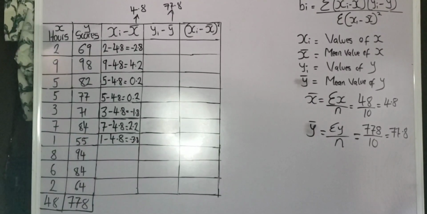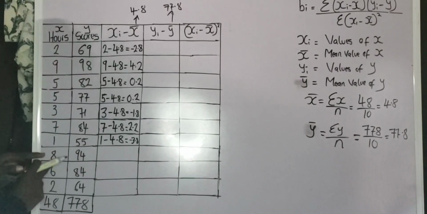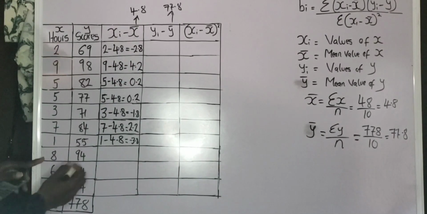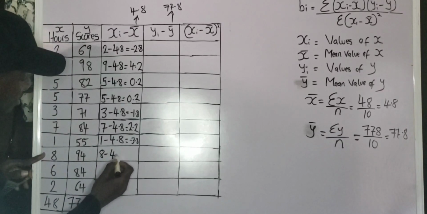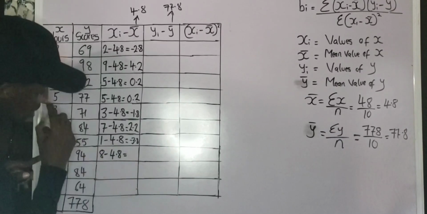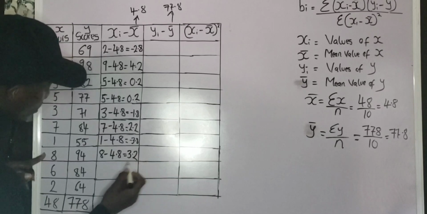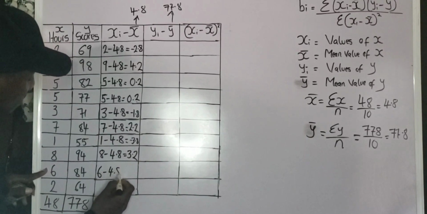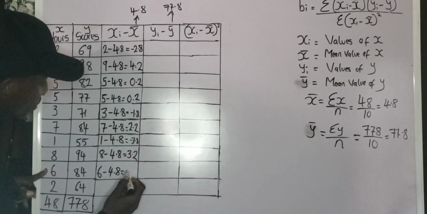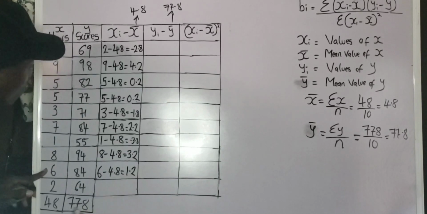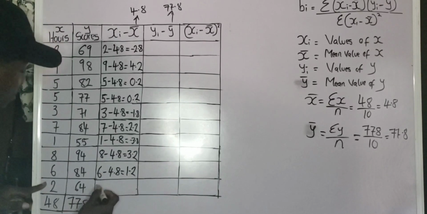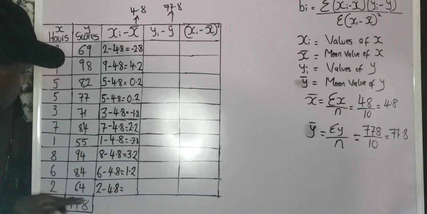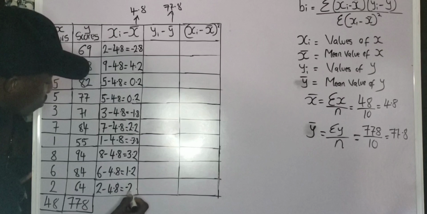For these cells, you get the values by subtracting the mean value of x, 4.8, from 8. So 8 minus 4.8 gives us 3.2. For this, 6 minus 4.8 is 1.2. For this, 2 minus 4.8 is minus 2.8.